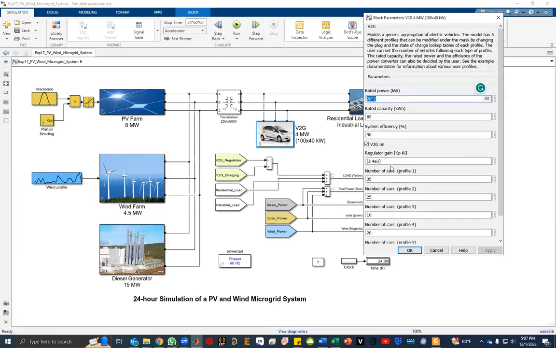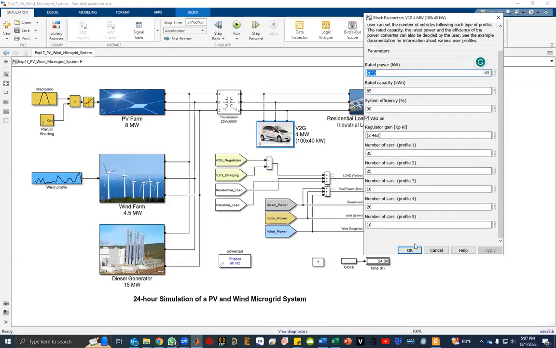You can say it is a charging station, or a residential area, where in this block there are 35 cars pushing their power to the grid.